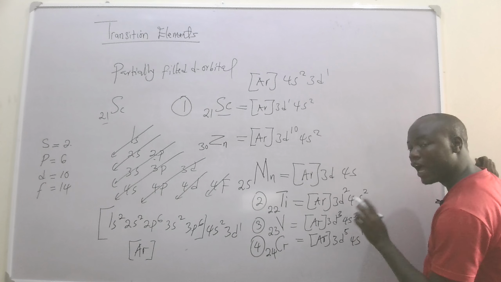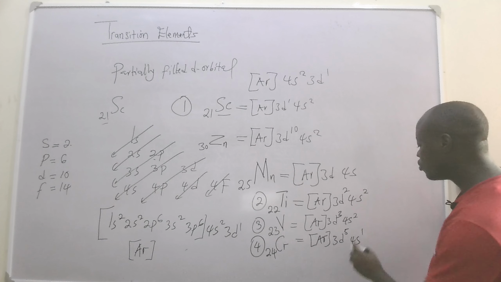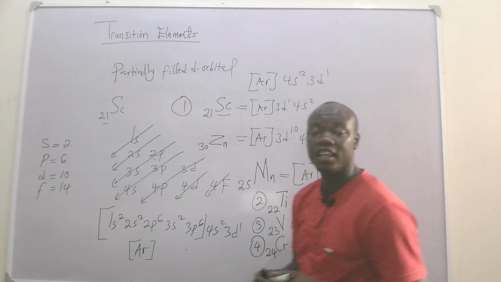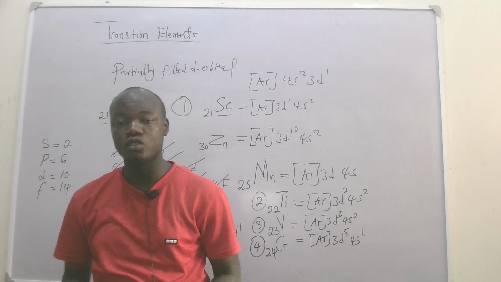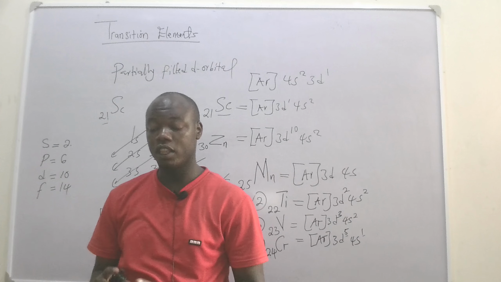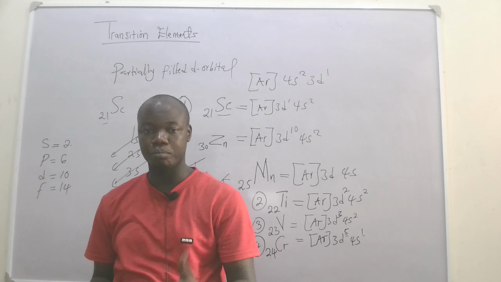So this is what we call half-filled stability. So it is more stable to have 5 here and to have 1 here, because generally elements in the periodic table are trying to attain stability.